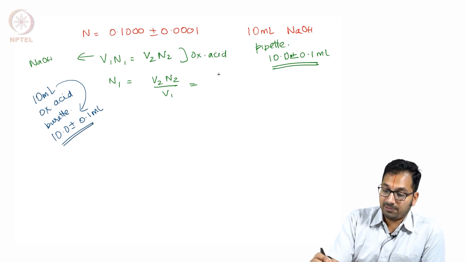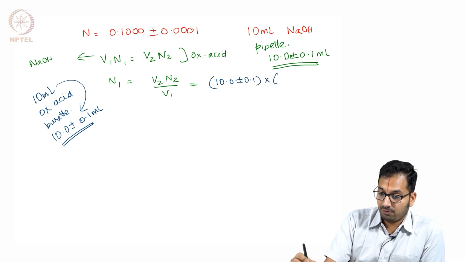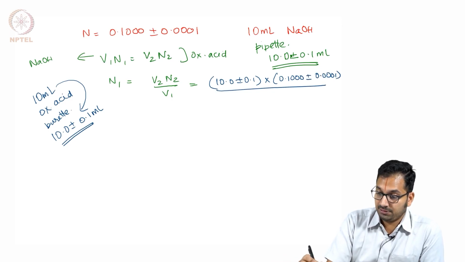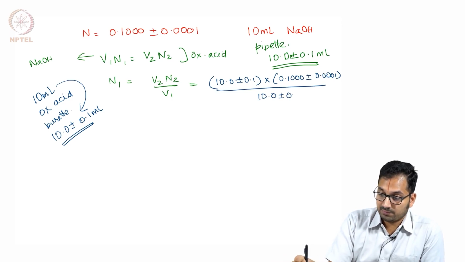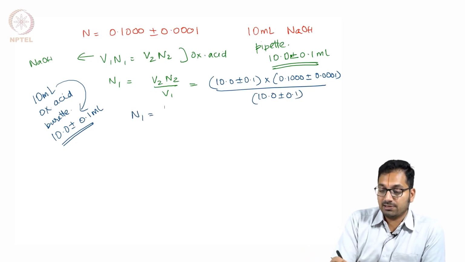So what ends up happening is that you have 10.0 plus minus 0.1 multiplied by normality, which is 0.1000 plus minus its precision, divided by 10 plus minus 0.1. Of course, we are able to see the normality, it cancels out, it comes up to be 0.1 normal.